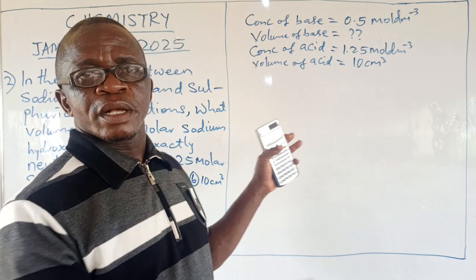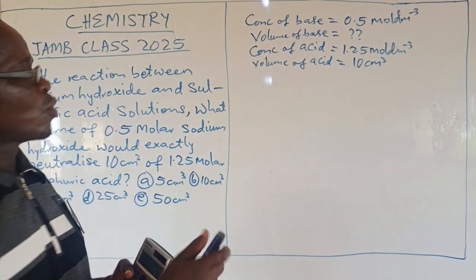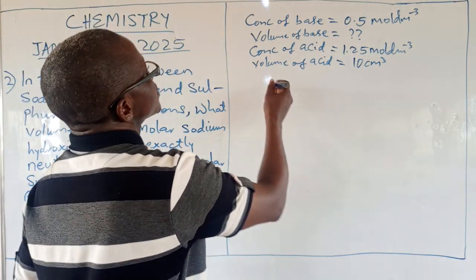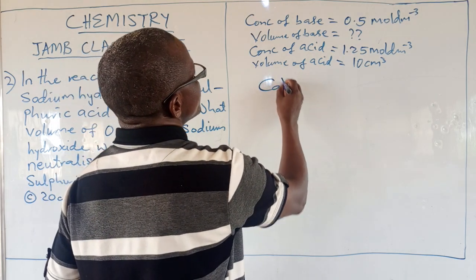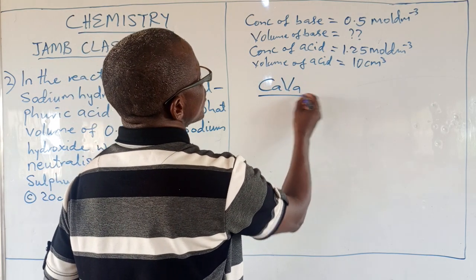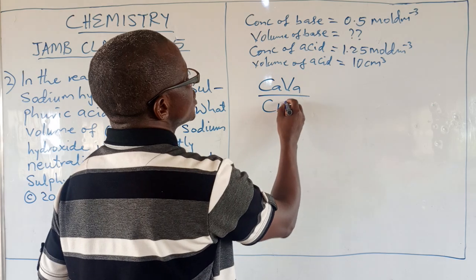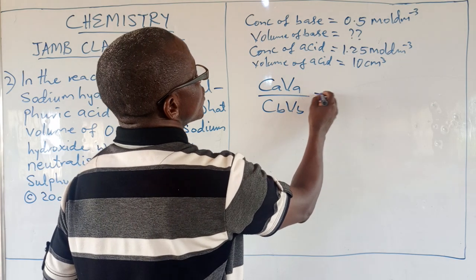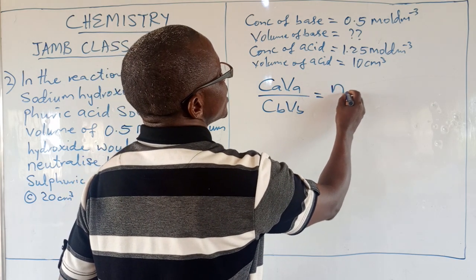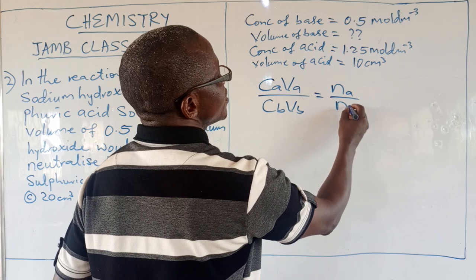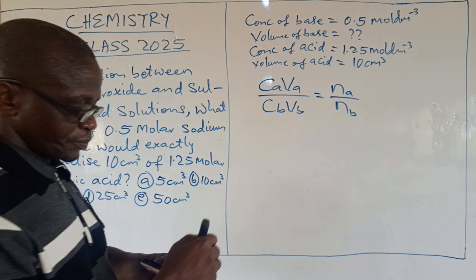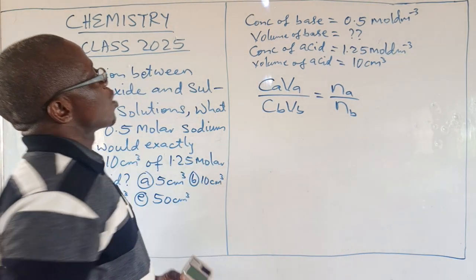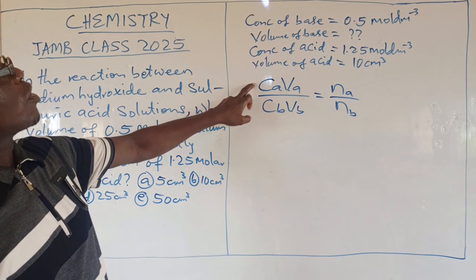Okay, if you consider this, you should be able to relate it to the formula that can carry all of them. So there's a formula that says CAVA all over CBVB, which is equal to NA over NB. Now, CA is what? Concentration of acid.